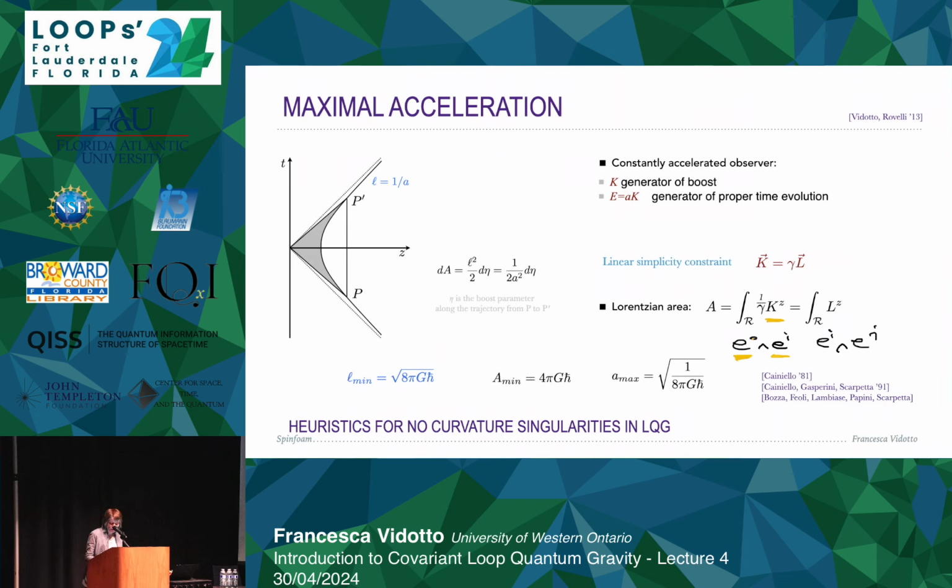So because we know that this object has a discrete spectrum, we expect also this object to have a discrete spectrum. And in turn, this immediately produces a bound on the acceleration. So this is telling us that any observer that is accelerating in this space-time can keep on accelerating, but the acceleration has a maximum, has a bound.